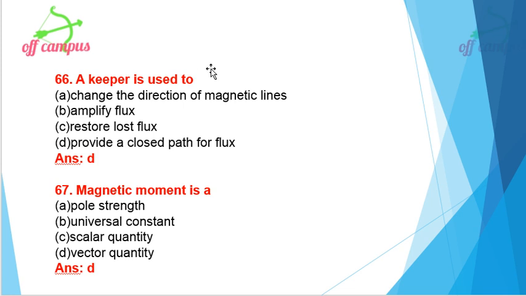A keeper is used to, option D, provide a closed path for flux. Okay. Then 67. Magnetic moment is a pole strength, universal constant, scalar quantity, or vector quantity. Magnetic moment is a vector quantity. Option D, vector quantity, is the right option.